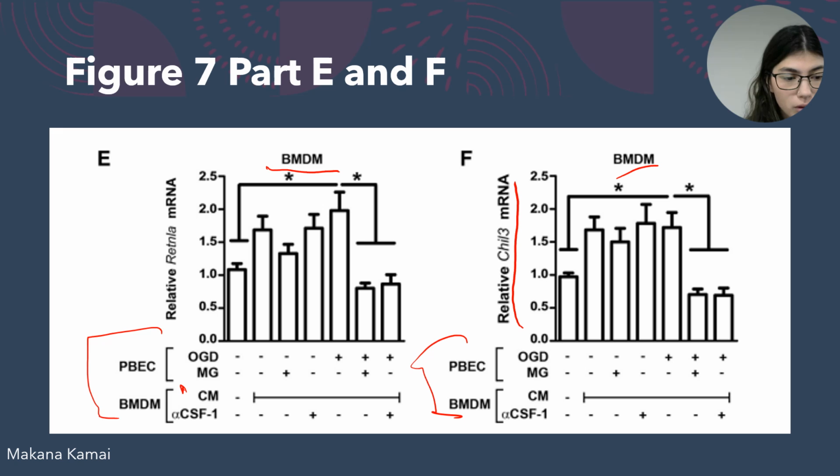A comparable effect was obtained by adding CSF1 neutralizing antibodies to CM, which is the conditioned medium, and expression was normalized to controls that did not receive the CM. So here you can see the negatives and the positives, which represent each bar.